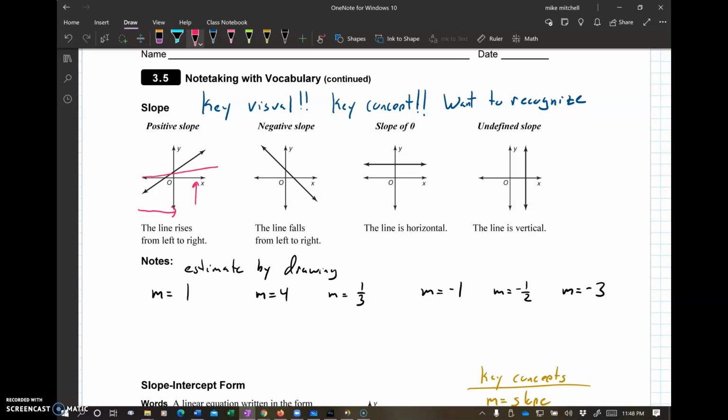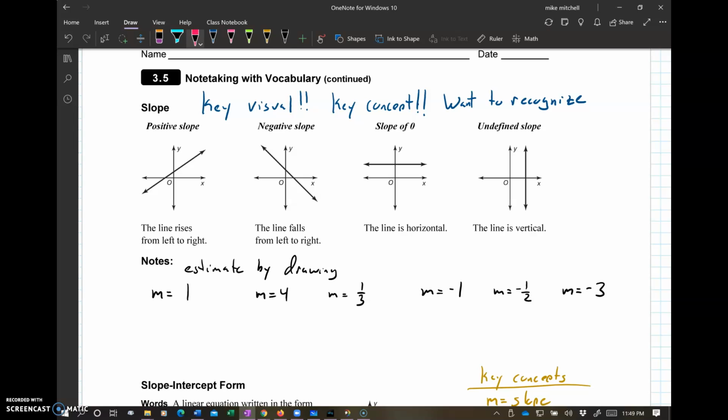A smaller one's going to be a little flatter. And then slope of 1, it goes up just as fast as it goes over. That's about a slope of 1. Negative slope. As you go left to right, it goes down. Again, this would be like a -4, -5 slope right there. This would be like -1/3, -1/5. We'll work on that below.